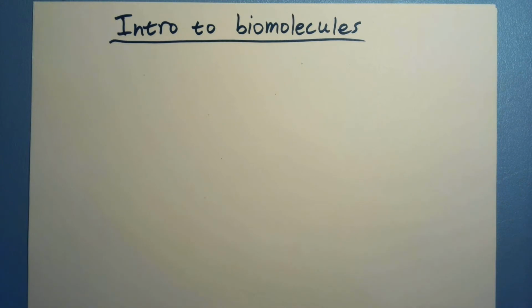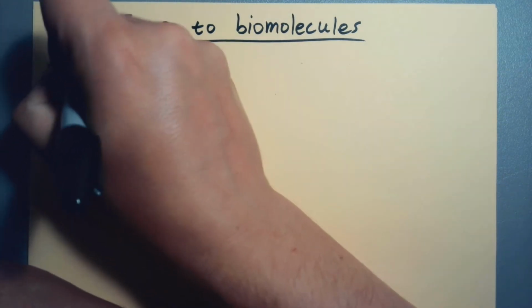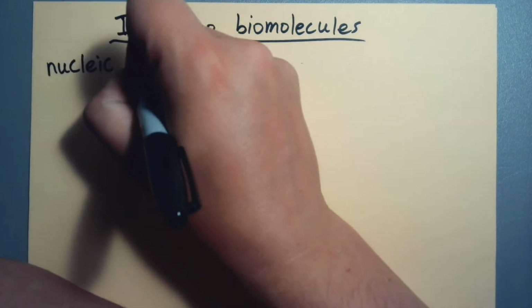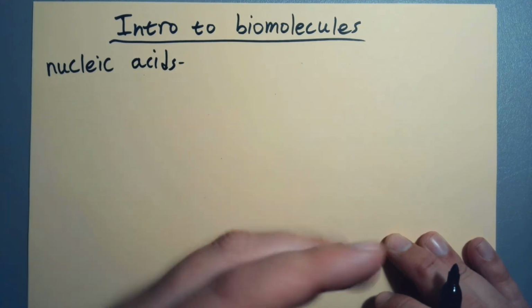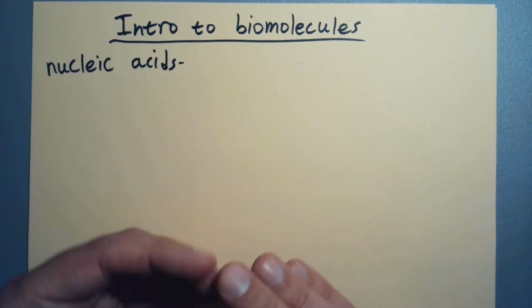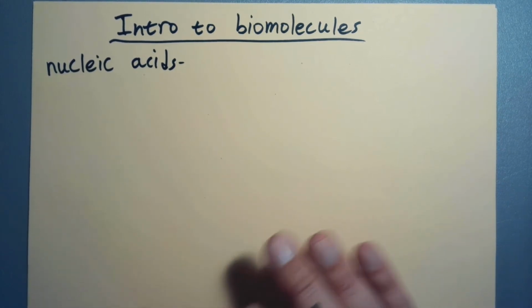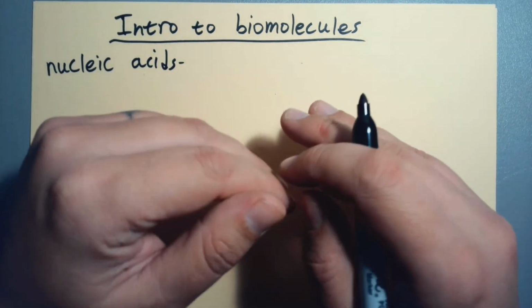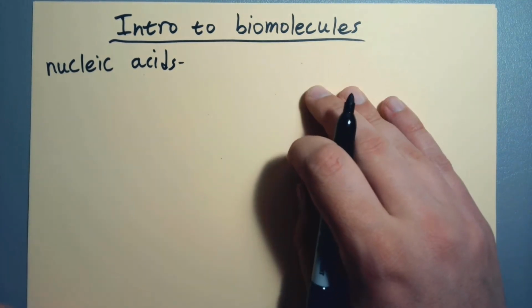So there are 4 categories that we're going to go through here. The first one is nucleic acids. This is our first type of biomolecule, and what this is is genetic information. DNA, RNA, if those sound familiar, and you know what those are for if you've taken a biology class, well, that's what nucleic acids are. That's what they're made of.